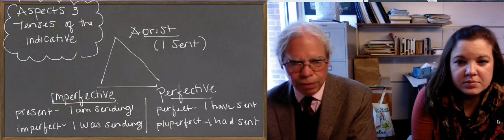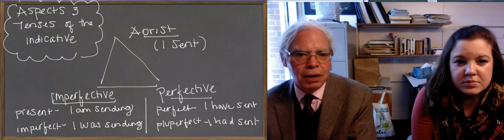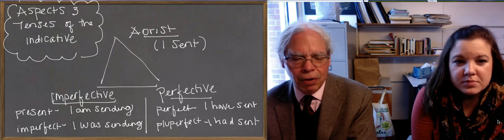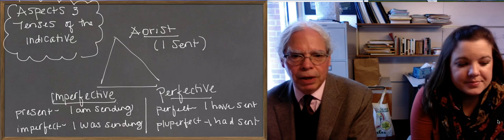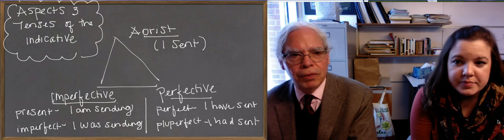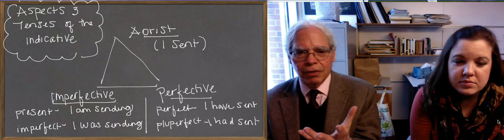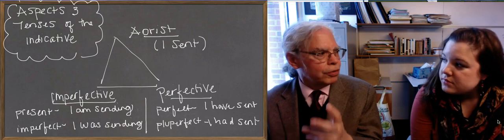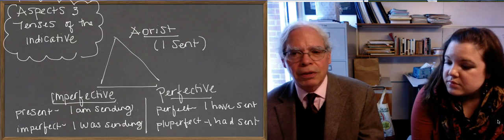When it comes to the perfective aspect forms of the indicative, the two forms we've got here are the present perfect, I now, at the moment, have sent something, and the past form, I had sent something earlier. So we have a chunk of the system as a whole presented to us, and it's good to think of it as a global thing that works in contrastive ways, whose meanings we understand and can deal with when we see them.